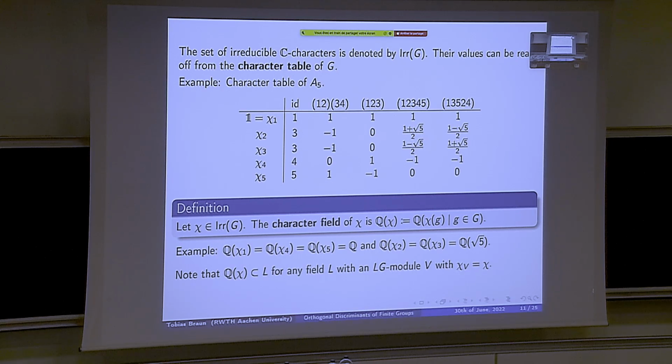And of course, the sum of the elements on the diagonal will also still lie in L. And so L contains all the character values, and in particular it contains the character field, because as I said, the character field is the smallest field that contains all the character values, just by definition.